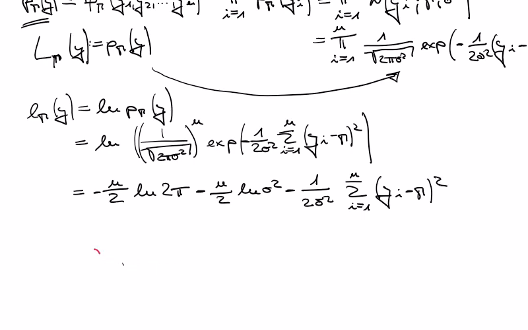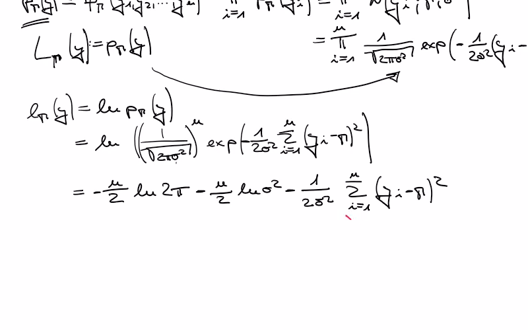So how you exactly get there, you see on page 102. Obviously these minus signs come in because here it's 1 over something. The 1/2 comes in because the square root is to the power of 1/2. The 2 pi comes from that. The sigma square comes also from that. And then the log does away with the exponential. This last part is just the argument of the exponential.